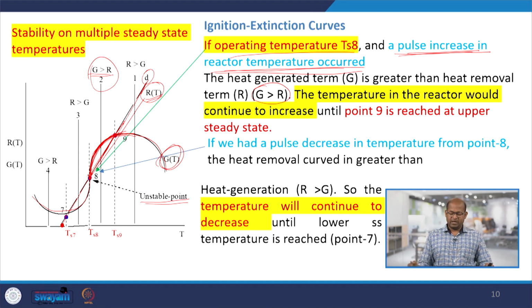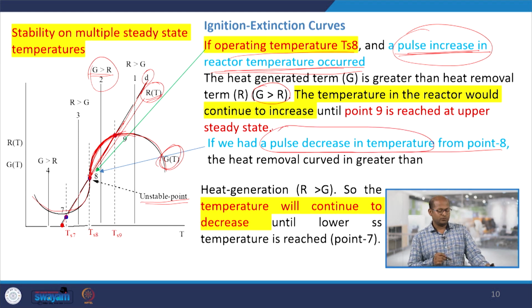Okay. So, we have considered a pulse increase in the temperature at point 8, and now a pulse decrease in the temperature at point 8. At that particular steady state we are operating the reactor. If there is a slight or pulse decrease in the temperature, due to some error or some way, then the lines will shift like this. The heat generation line would be this, and here you can see this is the heat removal line.